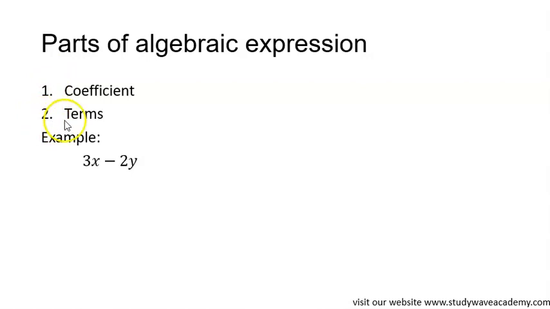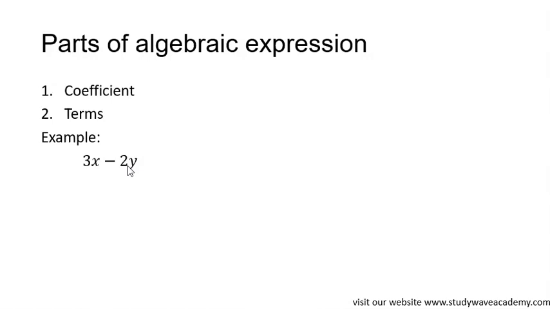An example is 3x minus 2y. Here the coefficient is 3 and 2. They are numerical factors. Remember, coefficients are numerical factors in an expression. Numeric 3, 2. Now the terms is the parts separated by addition or subtraction. So 3x minus 2y. 3x and minus 2y are terms, okay?